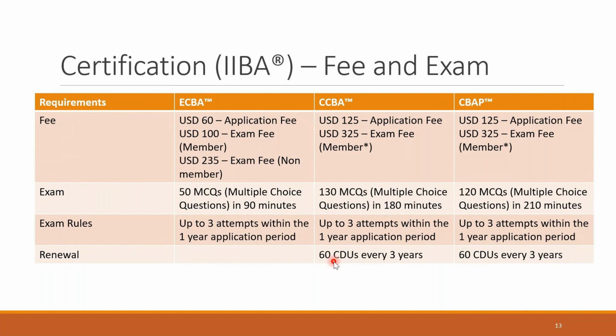One way of renewing is to accumulate CDUs. CDUs are nothing but you organize sessions for IIBA, or you conduct sessions, or you attend sessions. For every activity that IIBA conducts, if you are part of it, you will get some CDUs. So you can accumulate up to 60 CDUs in 3 years and then use them for renewal. If not, you can pay renewal fees.